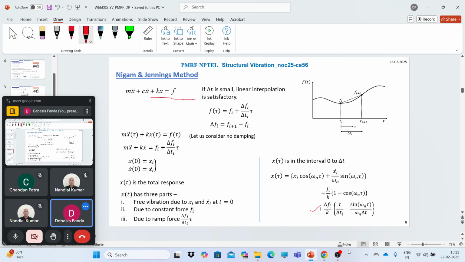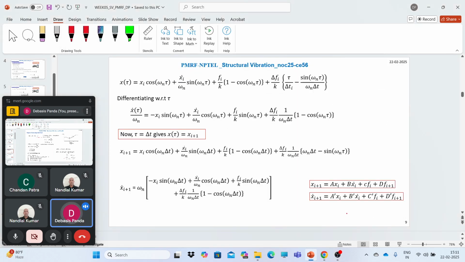For this condition, if we again look for the solutions, the total x tau will be xi, the initial condition, cos omega n t plus x dot i, the initial condition, into sin omega n tau, because this part is my free vibration part.